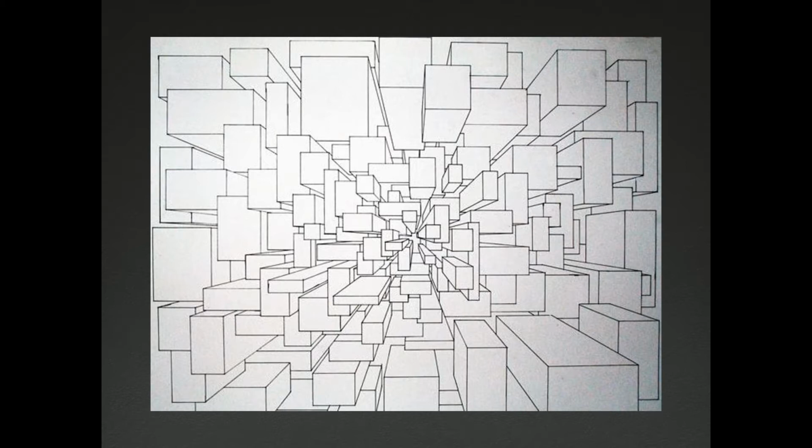This appears to be kind of looking down on an urban center, and it definitely has a feeling of depth, but there are some limitations in how realistic this is, which we'll get into in the next few slides.